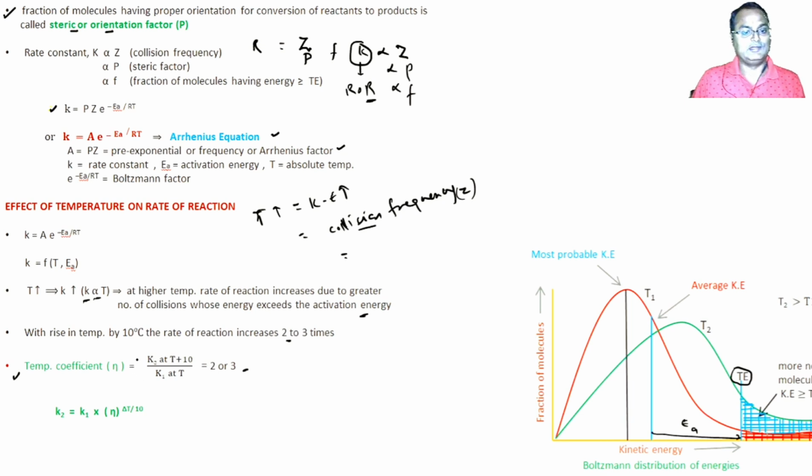And here the relation between K2 and K1 is: K2 is equal to K1 times the temperature coefficient to the power delta T upon 10, right?